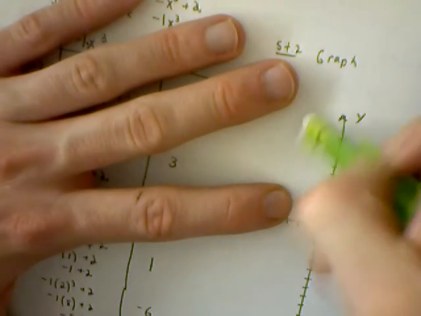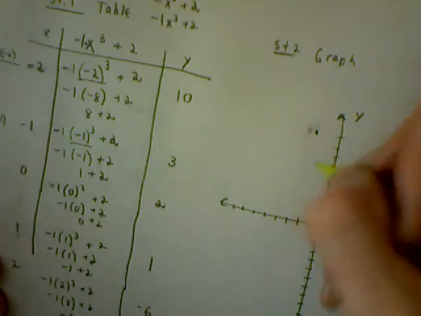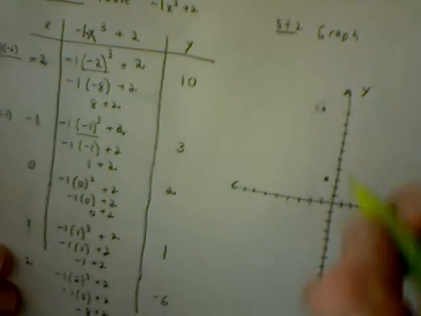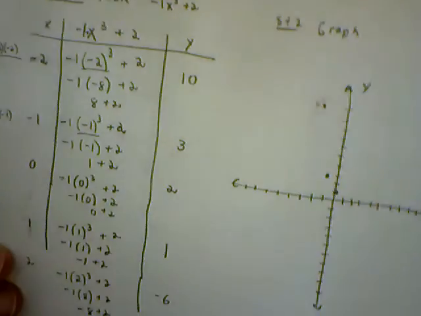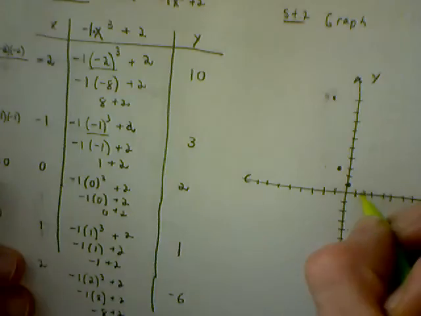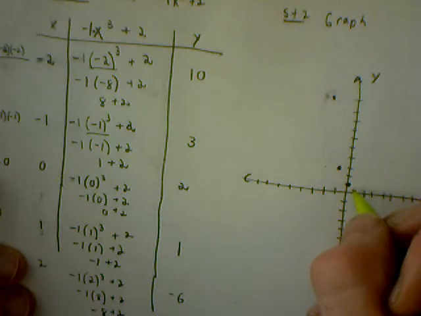My next ordered pair is negative 1, 3. Then I have 0, 2, 1, 1. Oh, I made a mistake, I think.